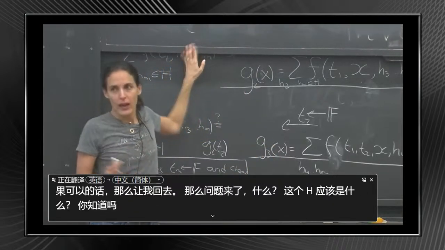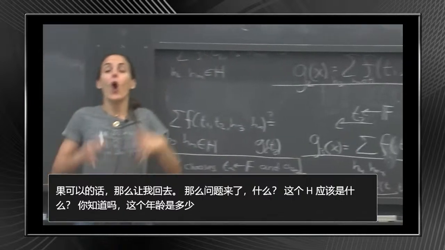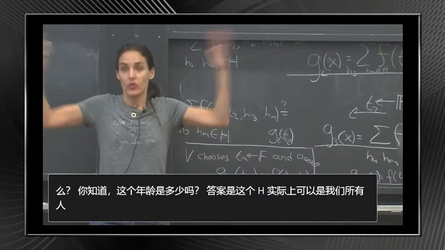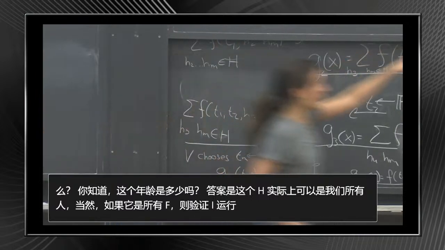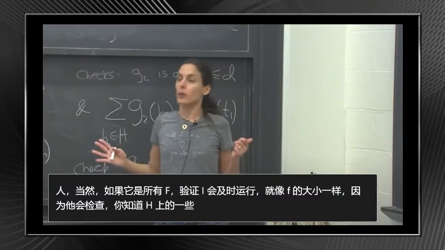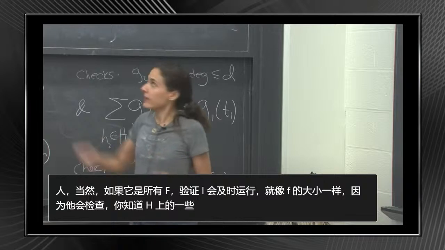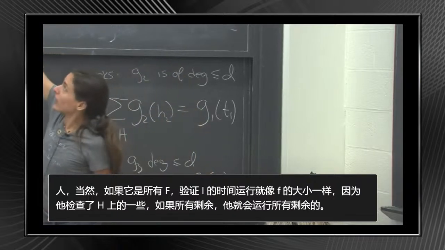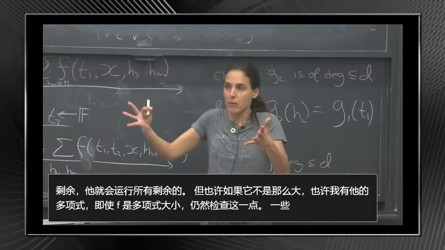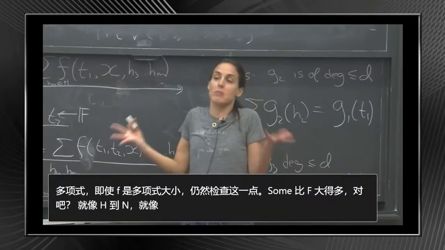The answer is this H can actually be all of F. Of course, if it's all of F, the verifier runs in time of the size of F, because he checks the sum over H. But maybe F is not that big. Even if F is polynomial size, still checking this sum is much bigger than F, right? It's like H to the N, like F to the N, and can be big.